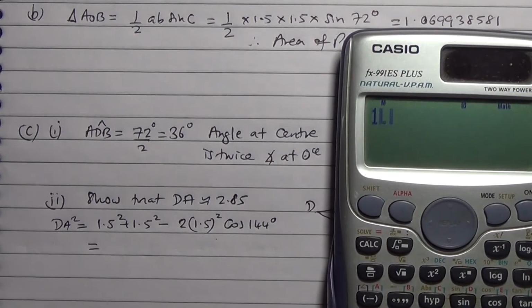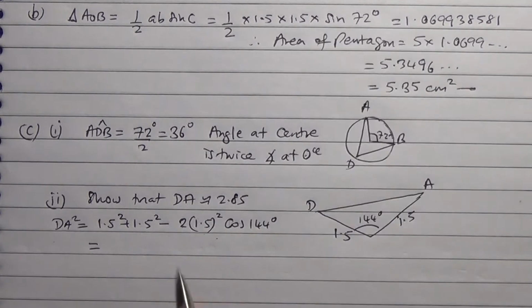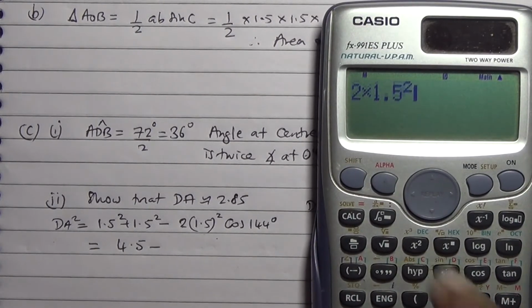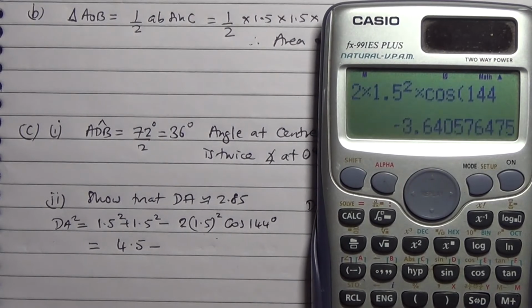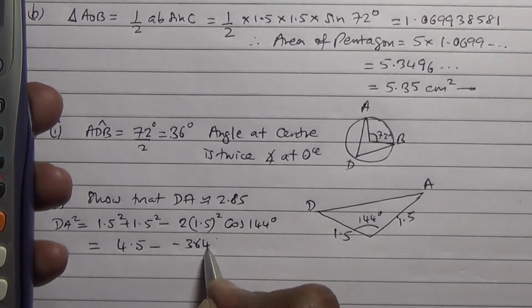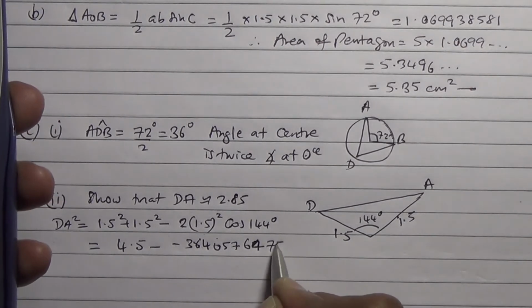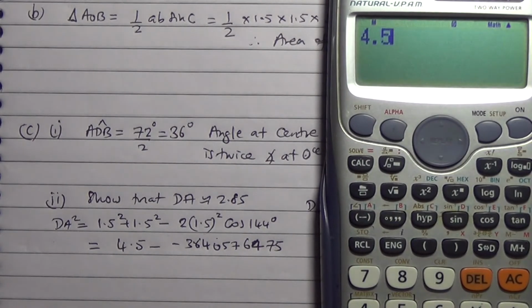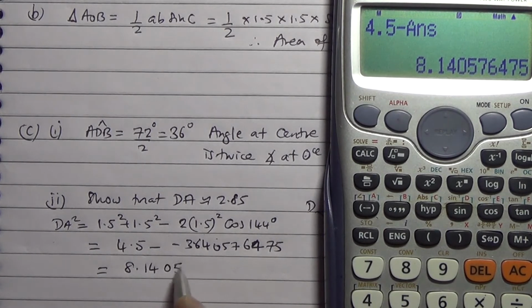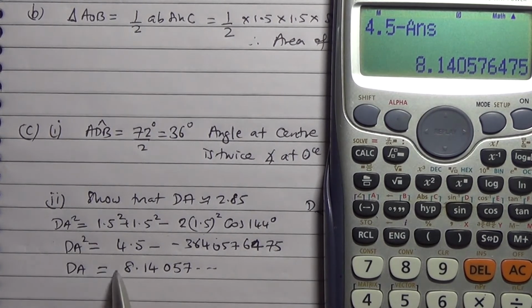Alright, this is 4.5 minus 3.64. You remove the square, you're going to get square root on the other side.